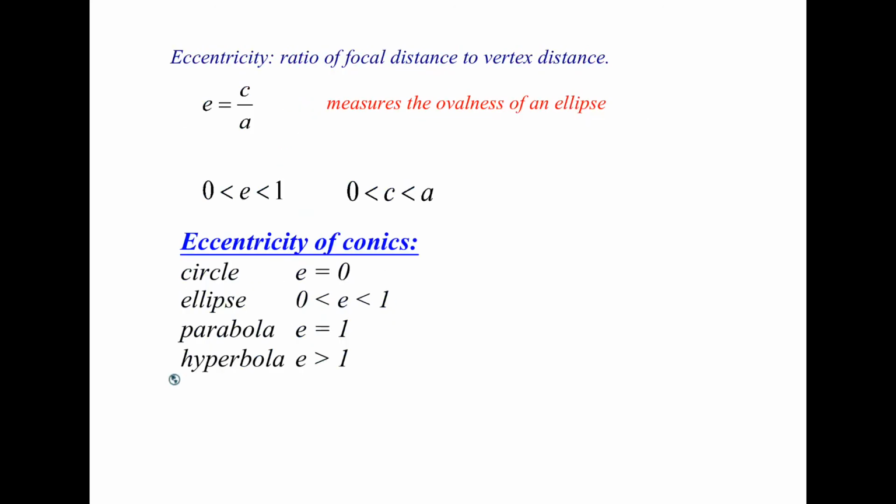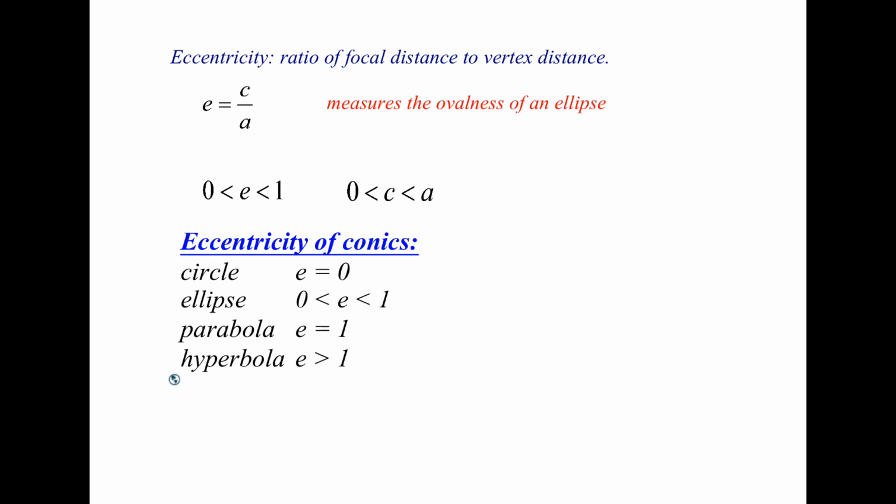Alright, and the last thing I'm really just going to talk about is something called eccentricity. It's the ratio of the focal distance to the vertex distance. e is equal to c divided by a. It measures kind of the ovalness, so to speak, of an ellipse. It has to be between 0 and 1 for an ellipse, and we know that the a value is greater than the c value, but we also know c must be greater than 0.